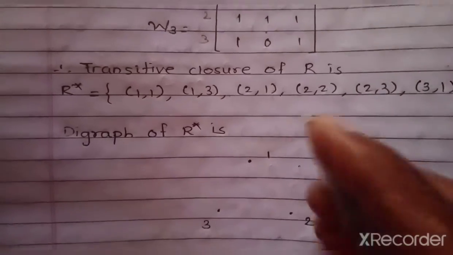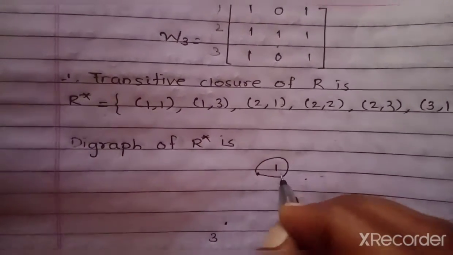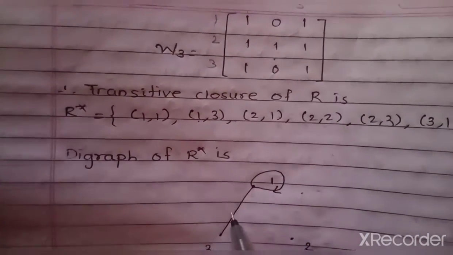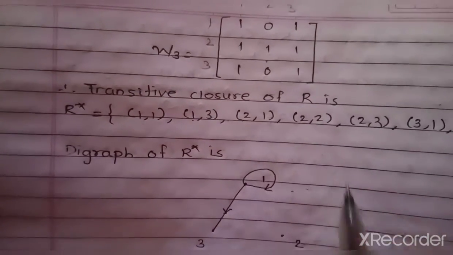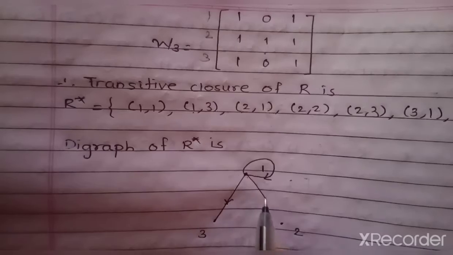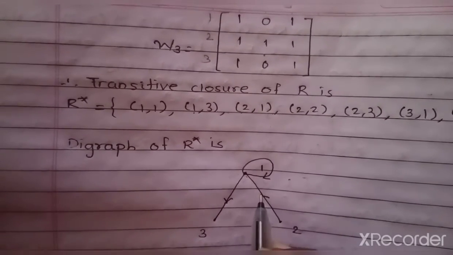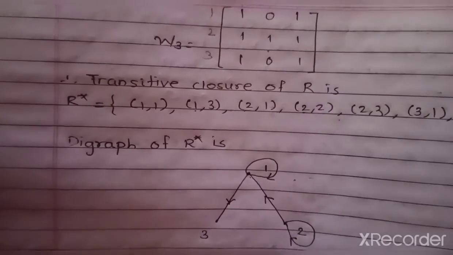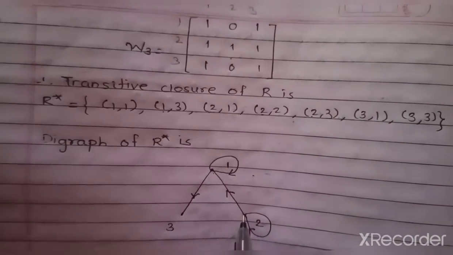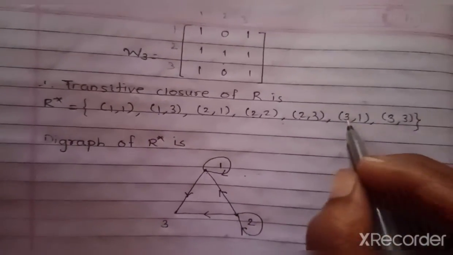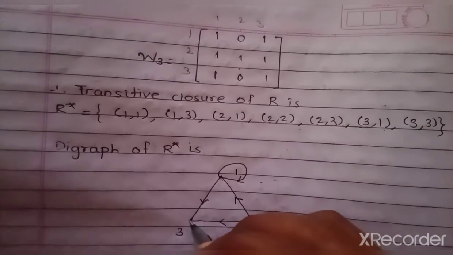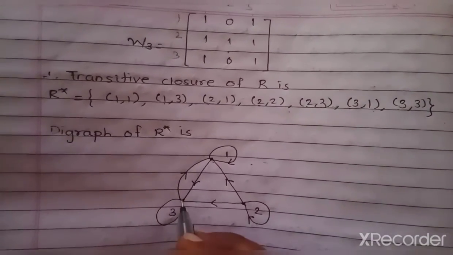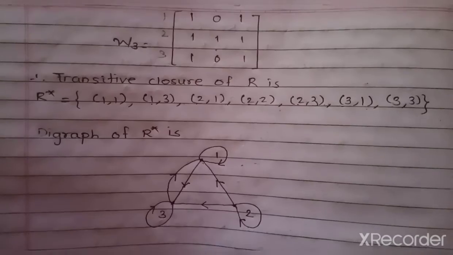It contains the ordered pair 1 1, so we plot the edge from 1 to 1. Next 1 comma 3, so 1 to 3. Next 2 comma 1, so draw the edge from 2 to 1 with the direction 2 to 1, and 2 to 2. Then 2 to 3, 3 to 1, and 3 to 3. So this is the diagram of R star.